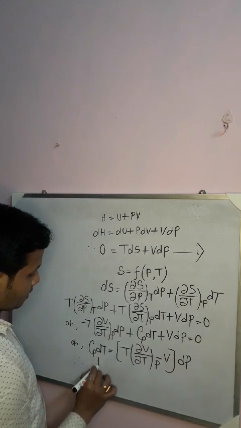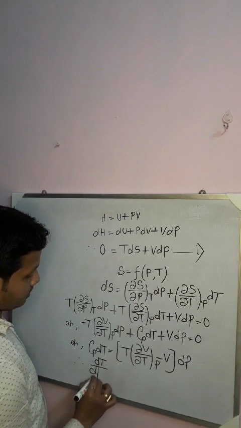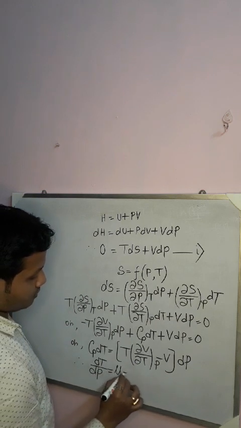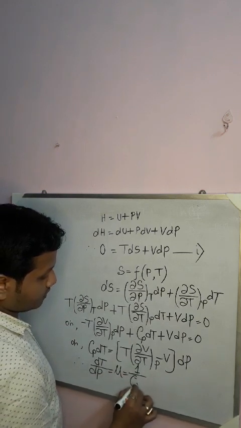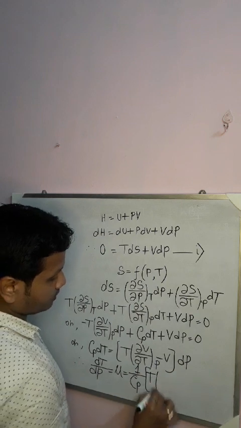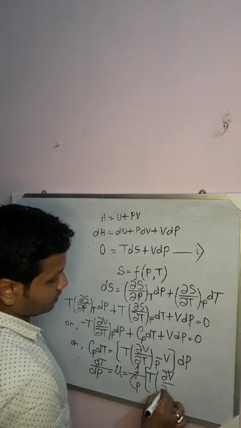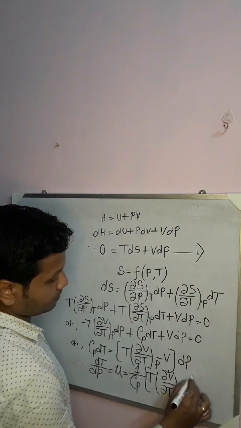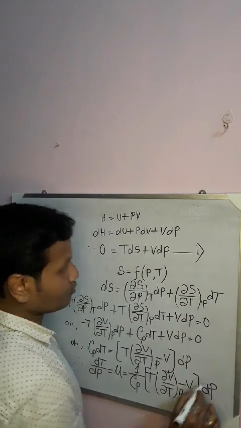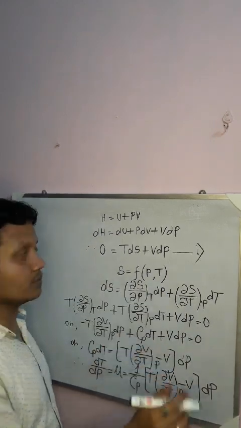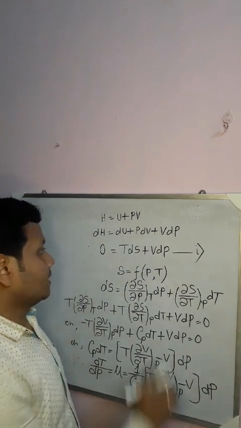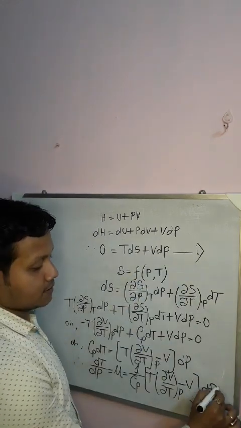Now what would be my dT dP? My dT dP will be the JT coefficient, that is mu. This is simply 1 upon Cp times T (del V del T) at constant pressure minus V. So you can also find the JT coefficient by using Maxwell's relation. So this is the result.